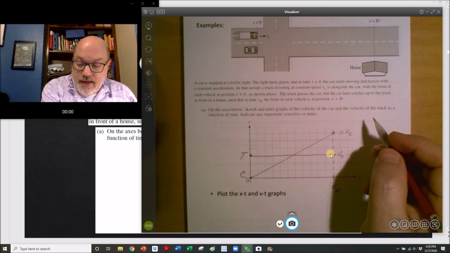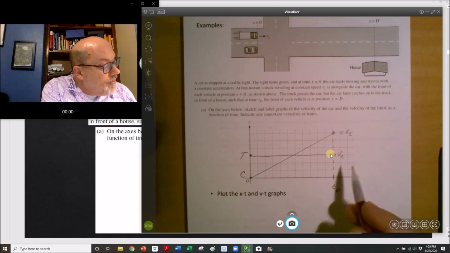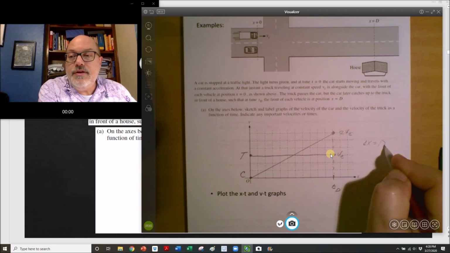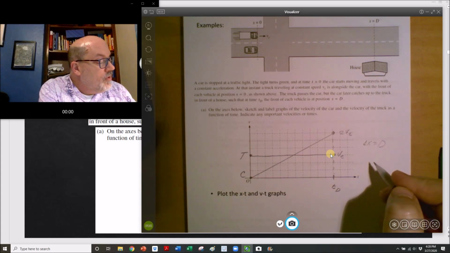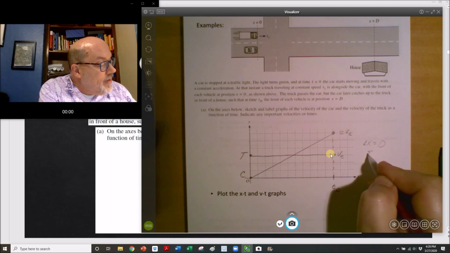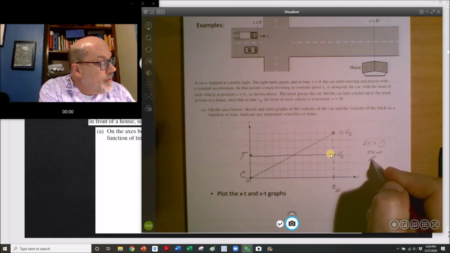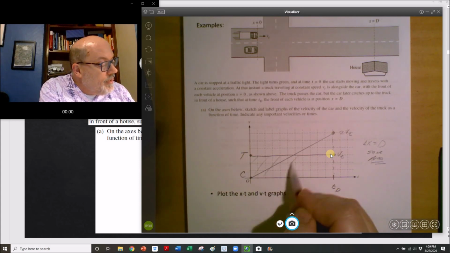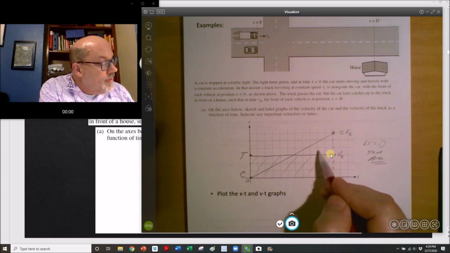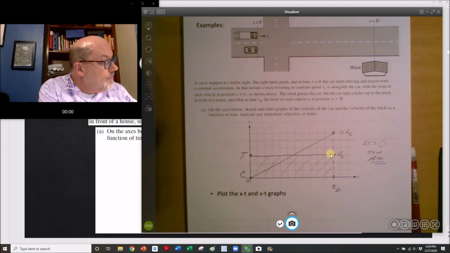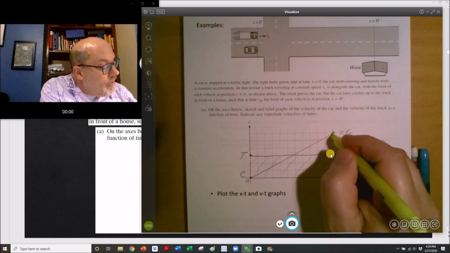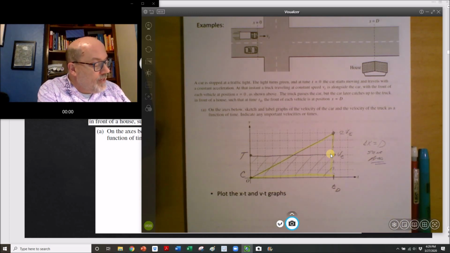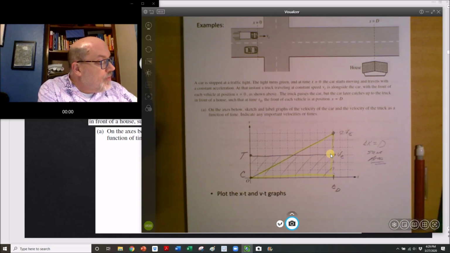Okay? And that ought to make sense because remember, they both have a displacement of D, the same. So that means they both have to have the same area. So if this triangular area has to be the same area, the only way for that to happen, if you remember your geometry, because the area is 1/2 base times height, is for the height to be twice as big.